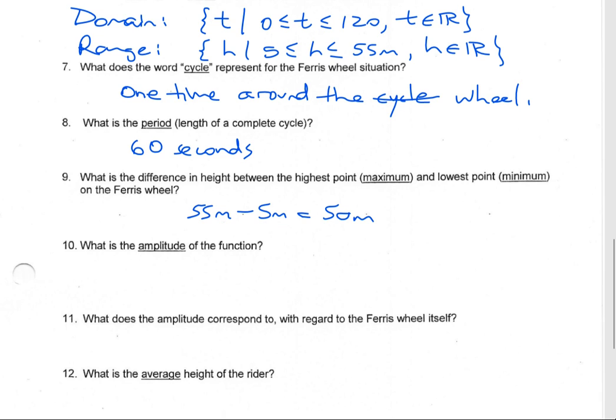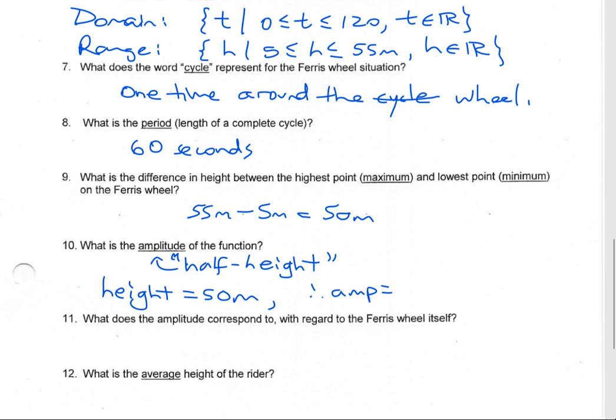New word, amplitude. What is the amplitude of the function? So another word for amplitude is half height. So what is half the height? So if the height is 50 meters from the previous one, therefore the amplitude is 25 meters. Okay, so new word amplitude, I'll put a star.